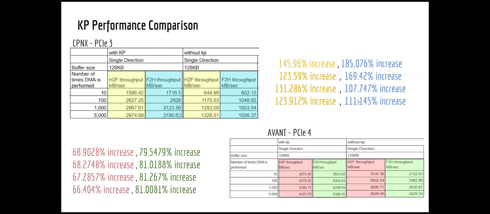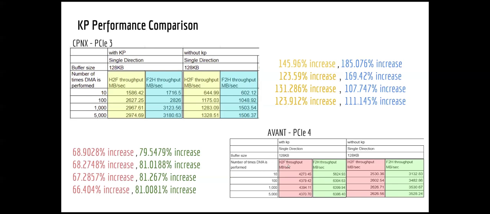You see more than 100% improvement, increase in the performance. In Avant, the numbers are less. Let's say the increase is not more than 100%, but it is much better. Around 70% increase is very nice.